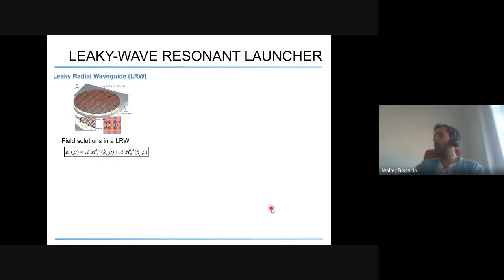Now, I want to show you some practical realizations of devices at microwave frequencies that are capable of generating Bessel beams, and give you just some ideas of how they can be designed. For example, here you see the leaky radial waveguide that was first studied by Mauro and Torre and later by myself.